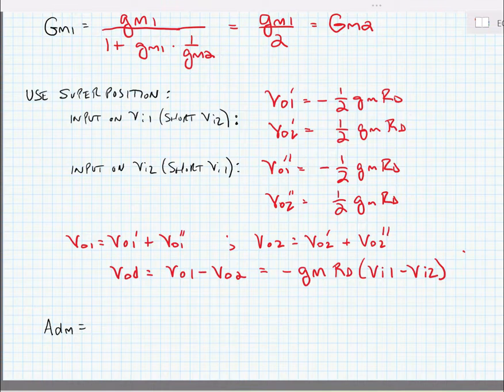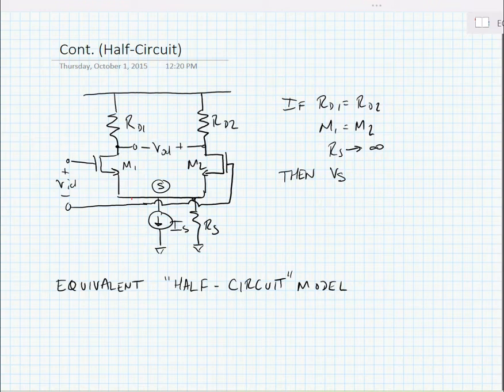So we can say that our differential mode voltage gain, VOD over VID, is equal to minus GMRD. In other words, this source coupled pair gives us the same voltage gain as a common source amplifier with no resistance in the source. Now, let's see if we can analyze this by symmetry.